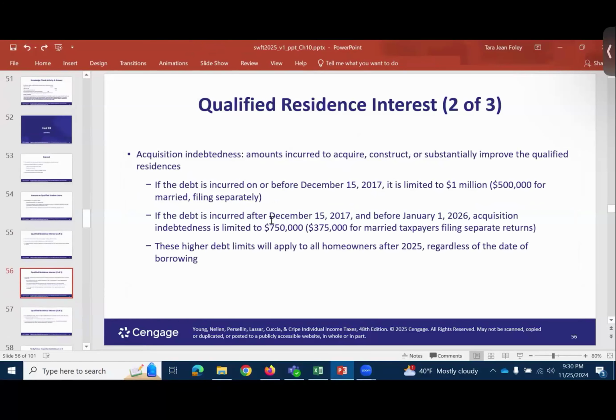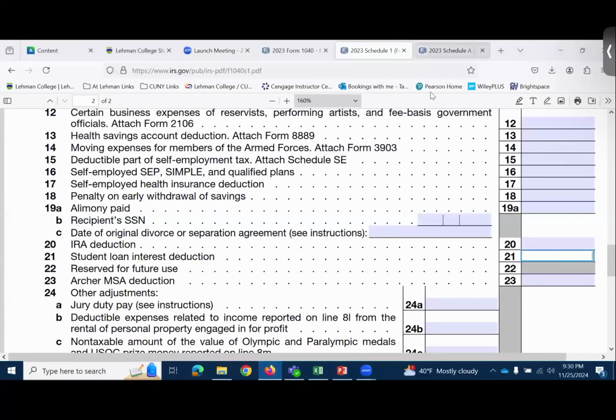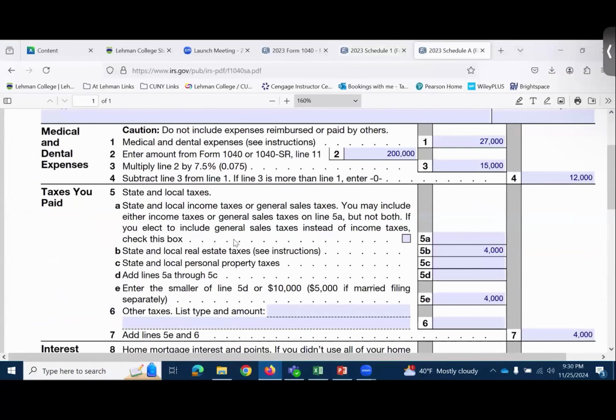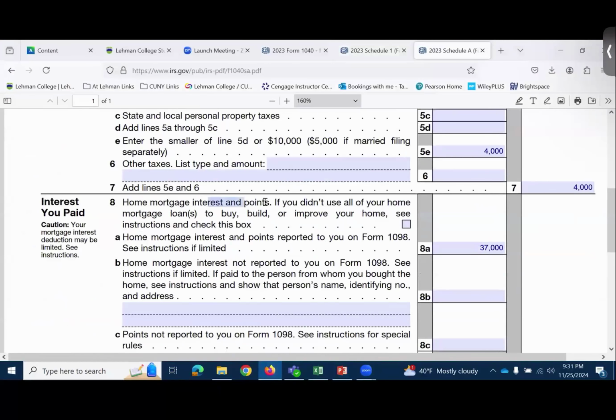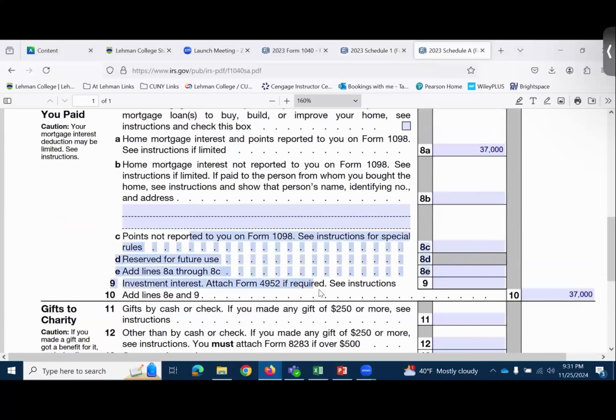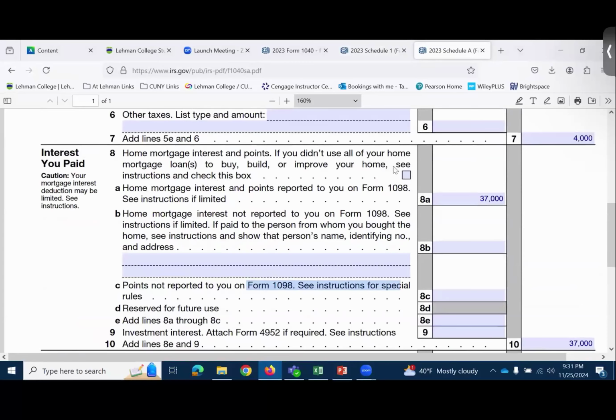Now, there's a limit to the interest that you can deduct here. It doesn't show you the limit here, but it tells you in the instructions. See instructions.